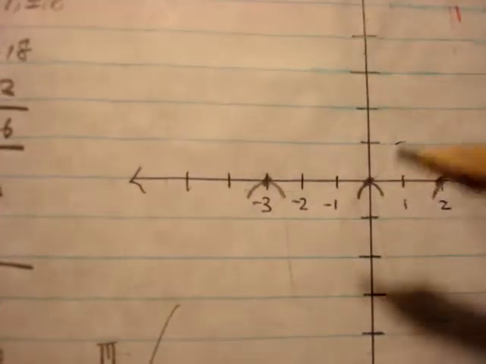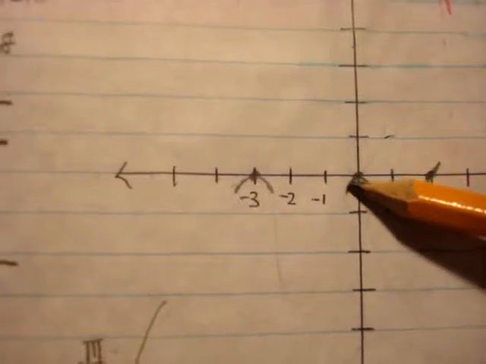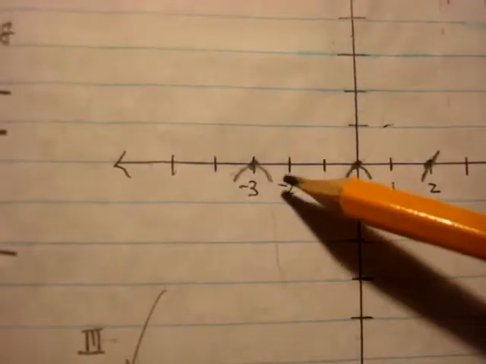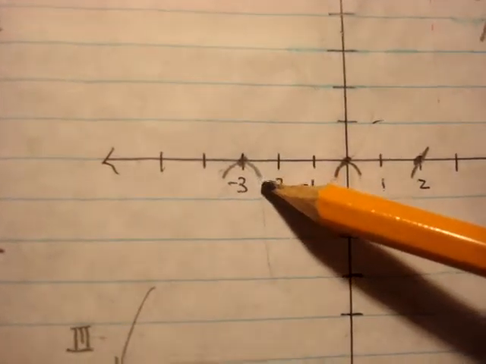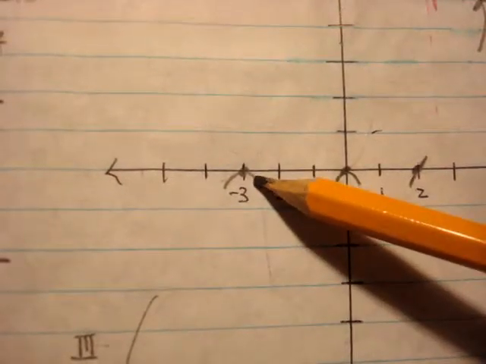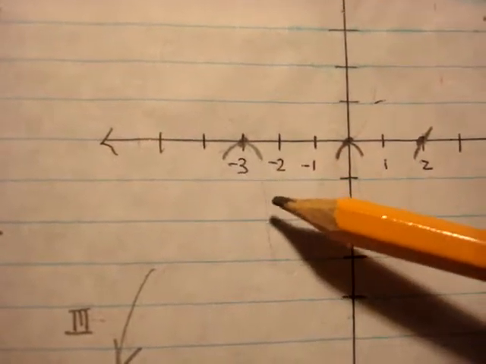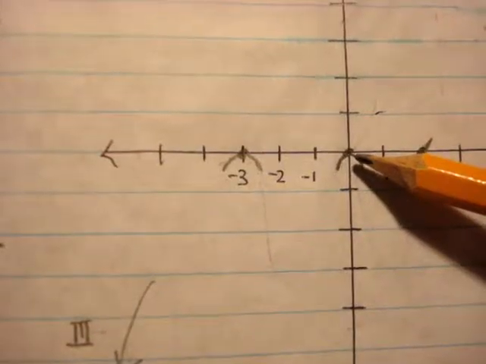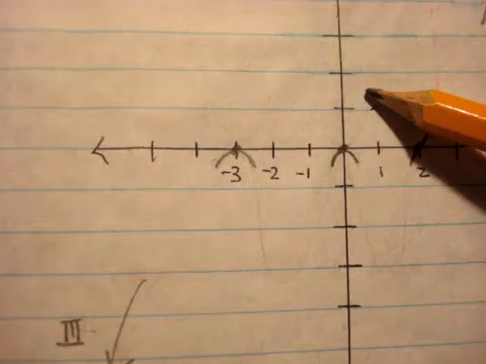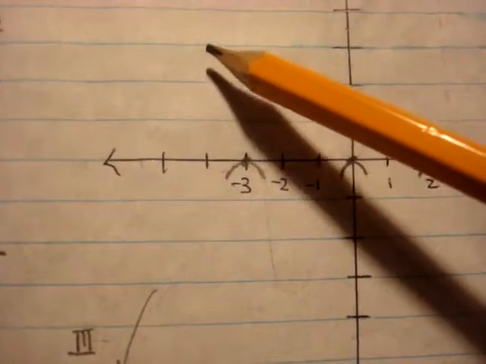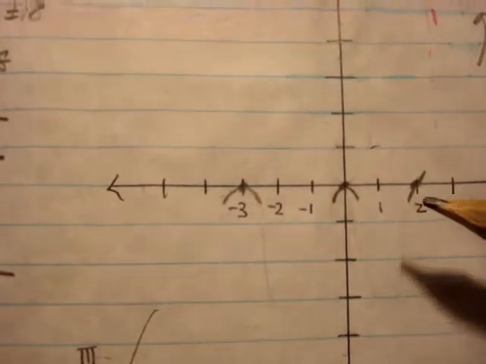So your U shape has to touch like this, because the end behavior is on the third quadrant, and it has to touch the negative 3, the U shape of the negative 3, eventually. So your graph has to be like this. It's not going to be like that, because there's no end behavior on the second quadrant.